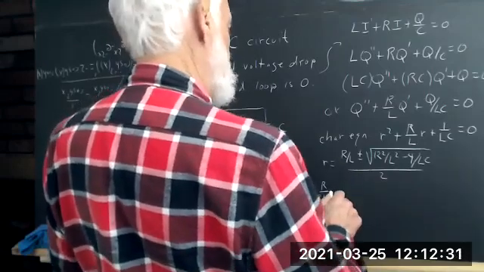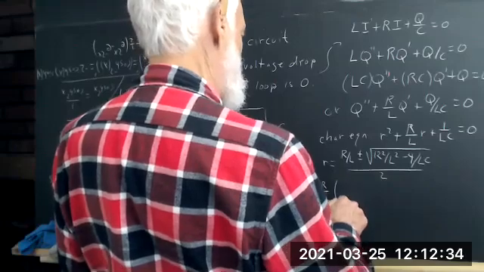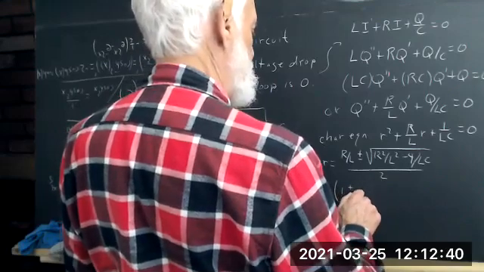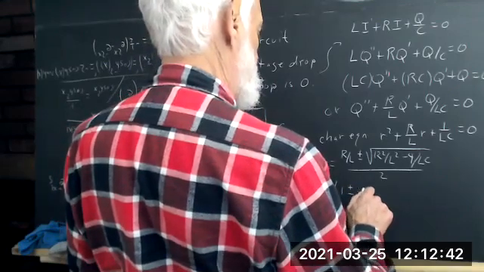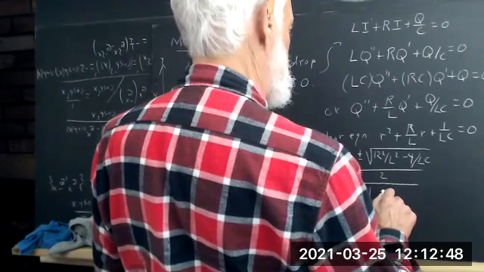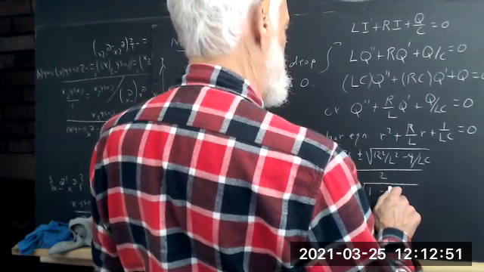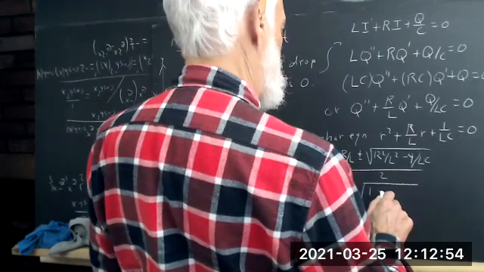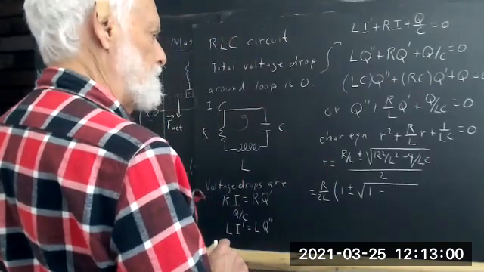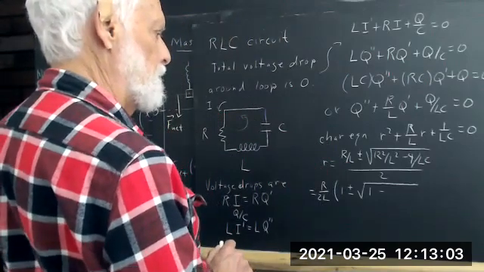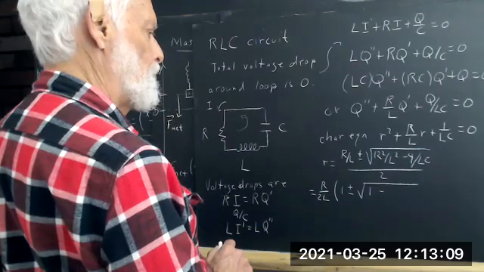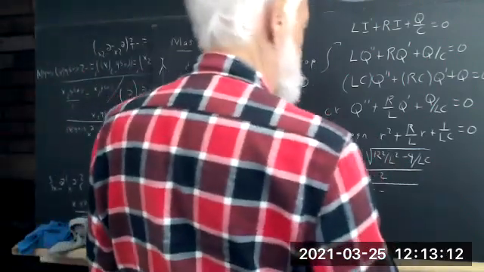So that's going to be R over 2L multiplied by, I don't like the square. I'm going to get there, but I'm stuck with it. Now, every form has its advantages and disadvantages.